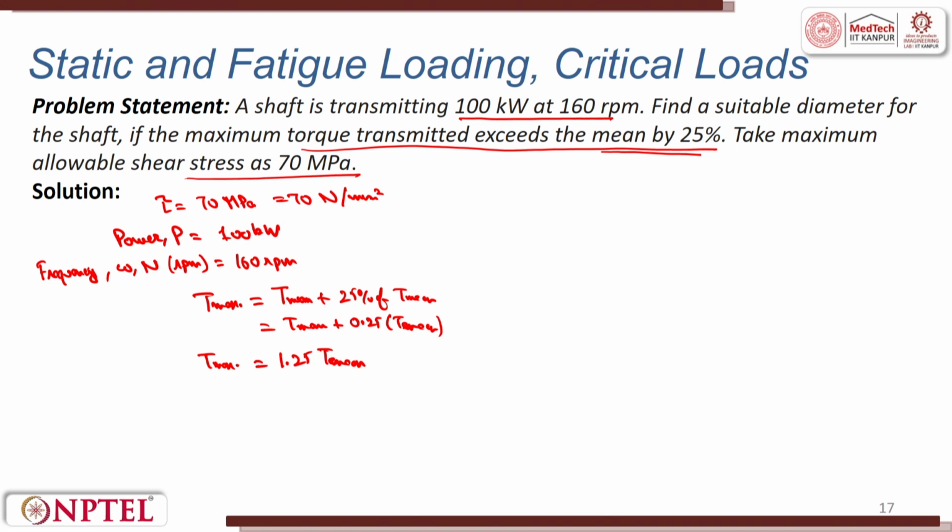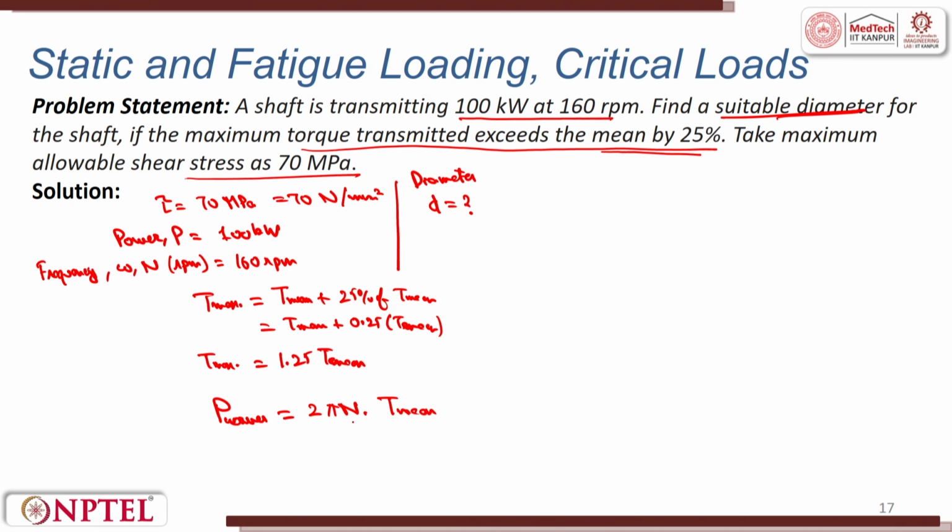So, let us try to find the solution. What is being asked here? D, the suitable diameter of the shaft. This is the question. Now, we know this relation: power transmitted is equal to 2 pi n, that is my rpm, into the torque, that is mean torque.